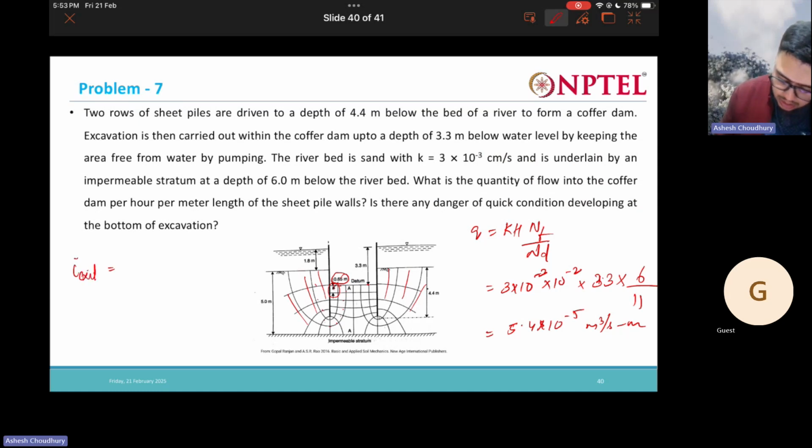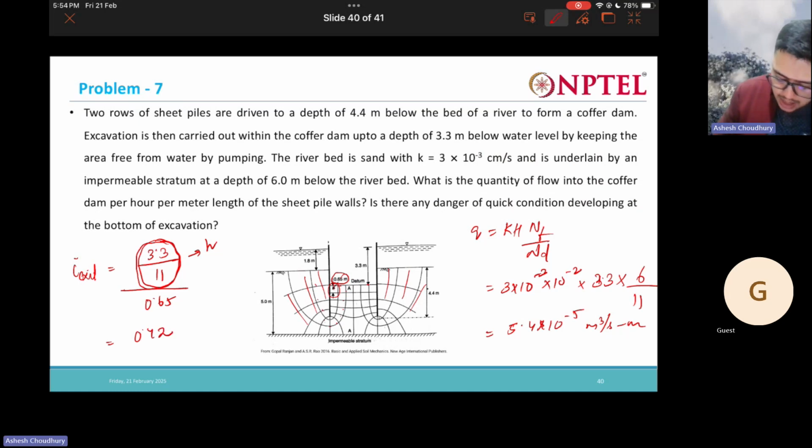Total head is 3.3, lost in 11 drops, similar to that problem, divided by 0.65. So this complete is my head H. This is the head lost per drop. How much head is lost in each drop? 0.65 is nothing but the length of flow. What is it? 0.4.